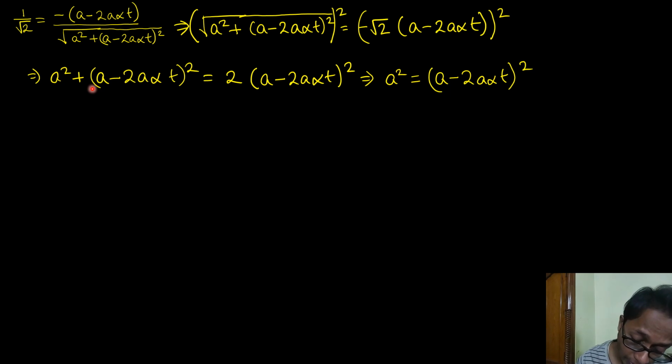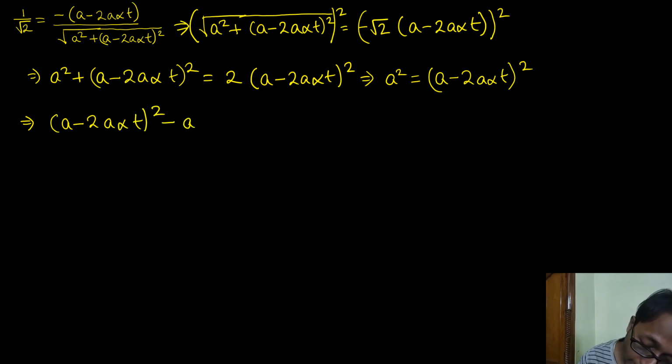What I did out here was I took this entire parameter and subtracted it from this parameter. See, 2 into this entire term square minus this entire term square is nothing but this entire term square, and a square was kept as a square. Now if I take a square also to the left hand side, the equation would become (a minus 2a alpha t) whole square minus a square is equal to 0.